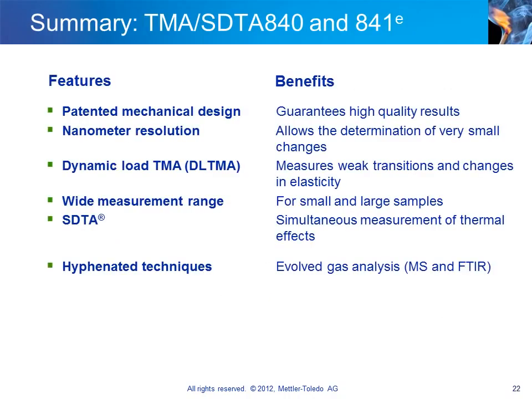This slide summarizes the features and benefits of the TMA SDTA 840 and 841E. Thermomechanical analysis is an excellent technique for studying the expansion behavior and softening temperature of various materials such as thermoplastics, thermosets, elastomers, adhesives and coatings, films and fibers, metals, ceramics, and composites.